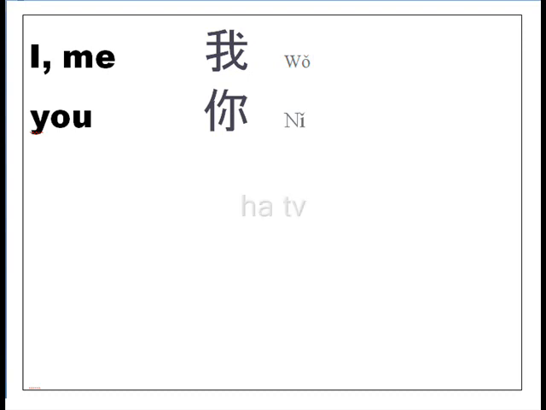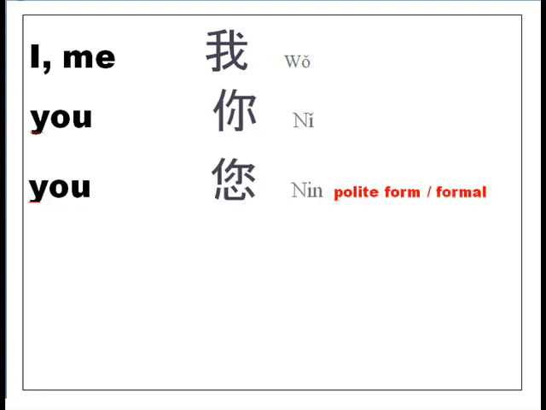So, this second person is divided into two parts. When I say you for my boss, it is not the same as when I say you for my friend. So we have a formal you, and its pronoun, nin.